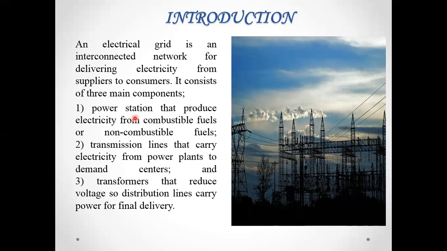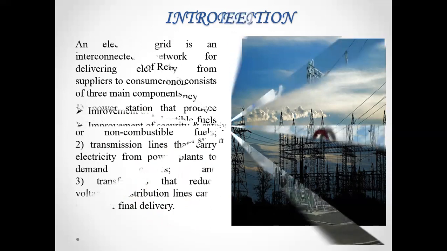Second is the transmission lines, that carry the electricity from power plants to the demand centers. Third is the transformers that reduce the voltage, and the distribution lines that carry the power to the final delivery. From here only the electricity will be distributed to the consumers.